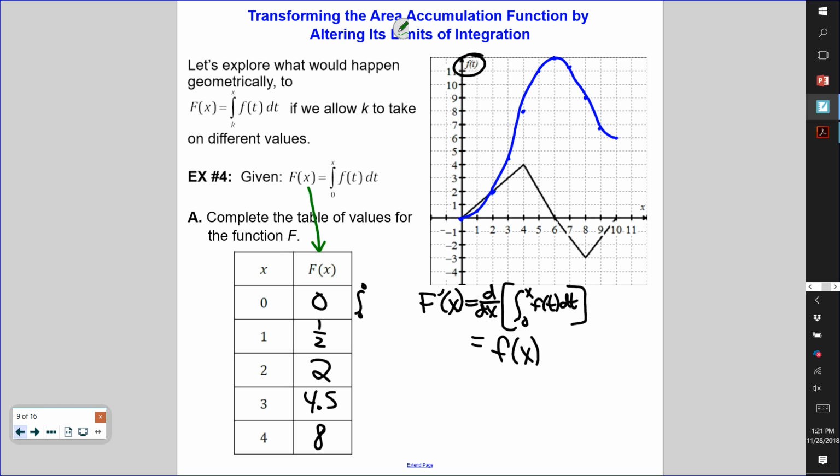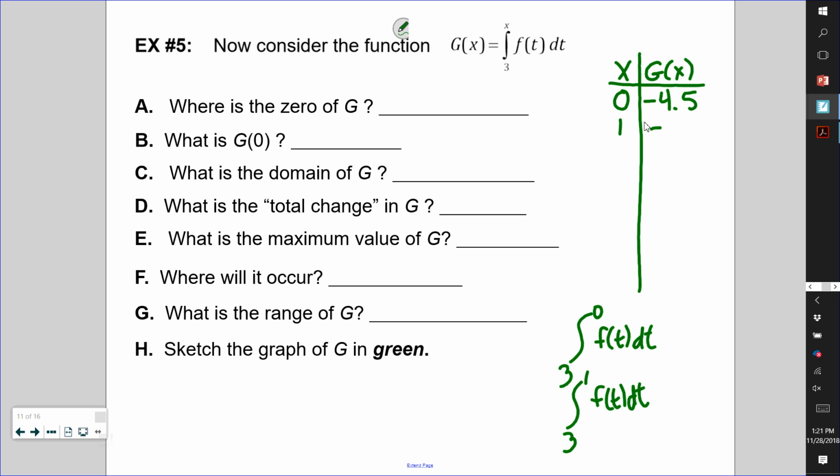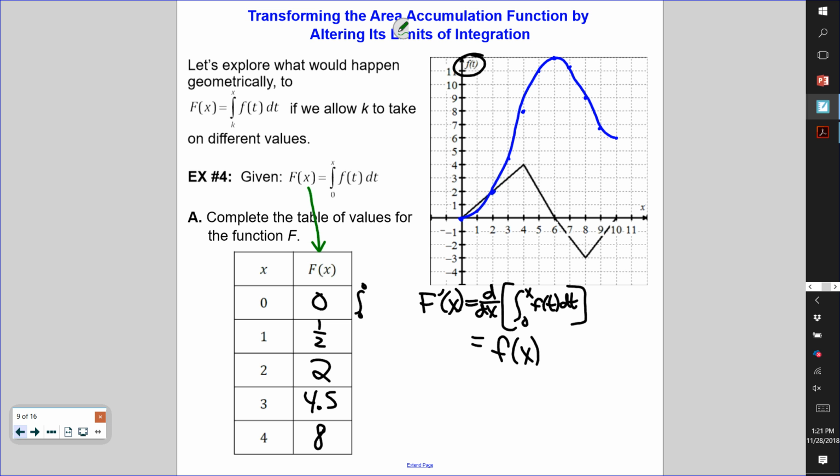So 1 to 3, it's 4, and then negative, because I take the opposite. So this is negative 4. Then let's do 2. So you'd be integrating from 3 to 2, which means integrate from 2 to 3, take the opposite answer. So from 2 to 3, we get 2.5, and then we take negative.